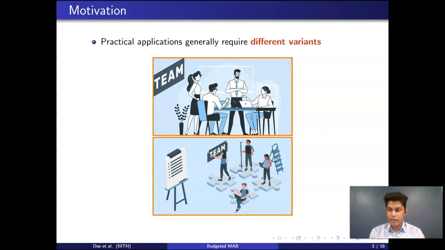Take this example, right? You're a manager and you have workers working for you. Now you want to do this one task several times. You need this one job to be done several times, right? Now you can assign workers to these tasks in such a way that the utility that you get from each task is maximized. The overall utility across all tasks, you want to maximize that.